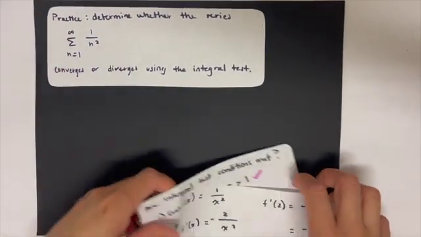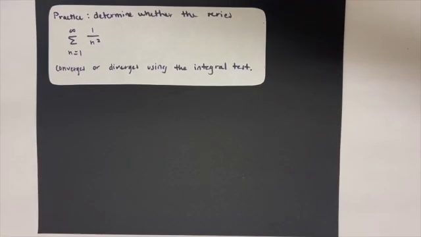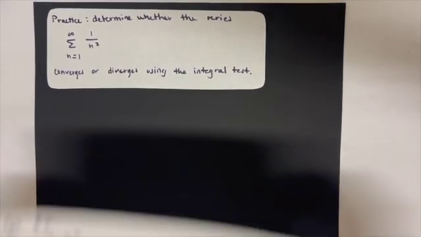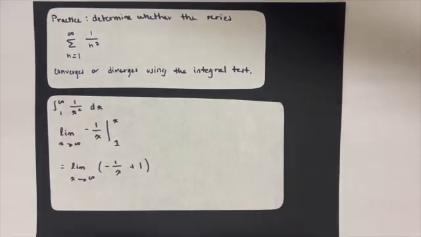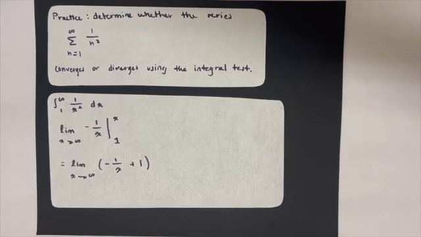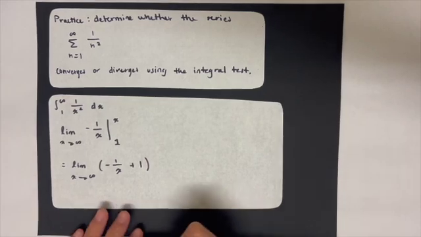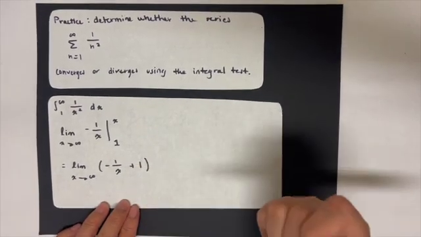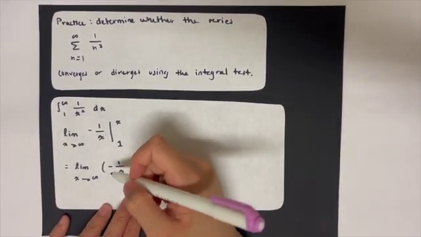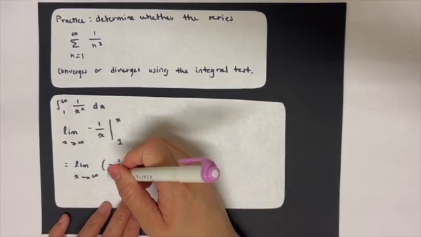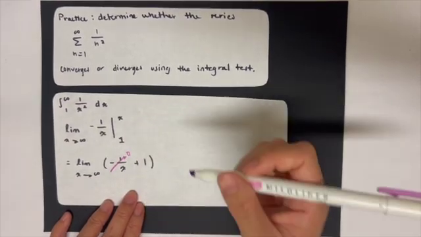Now that we know all these conditions are met, let's determine if the series converges or diverges. We'll look at the integral, and we'll solve the integral from 1 to infinity. After solving the integral, we see that it's negative 1 over x, evaluated from 1 to infinity. Negative 1 over x approaches 0 as x gets larger, so that equals 0.